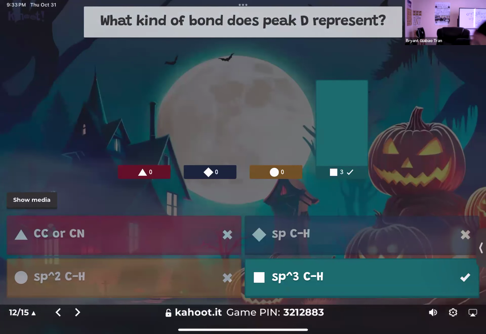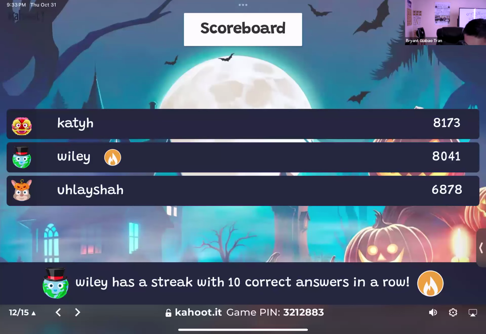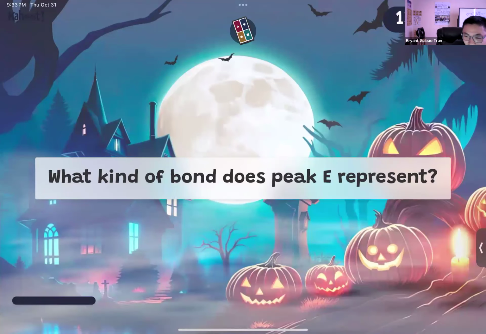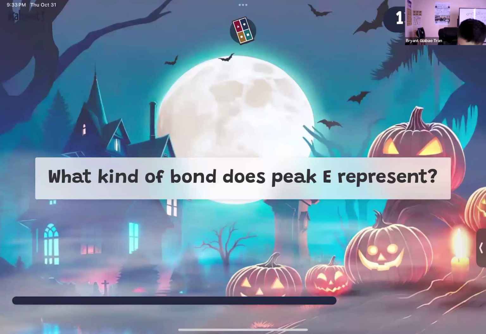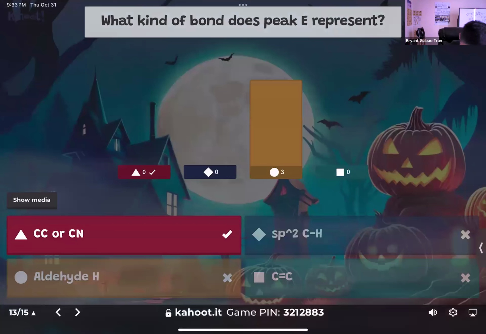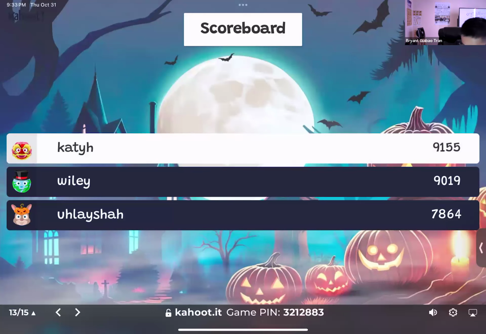Oh my goodness, that's like one second right there. Yes, you guys are catching the pattern. It's going A, B, C, D, E, F. That's good. OCHEM is all about pattern recognition.